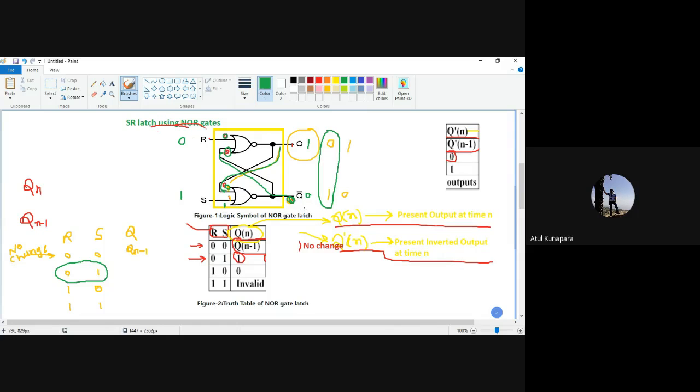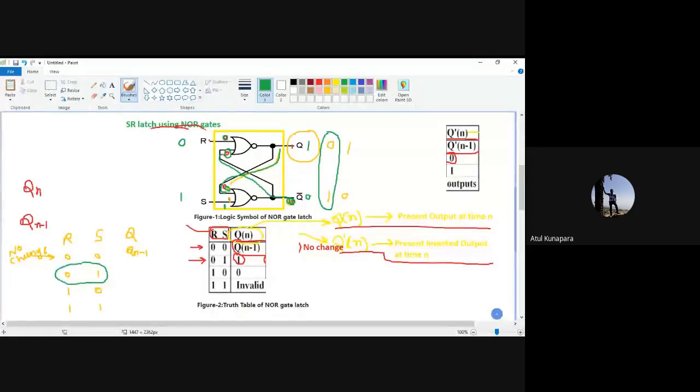So are you clear with this first condition? Hello, your voice is not coming clear here. Hello. Still I'm not getting voice. Is that part clear?